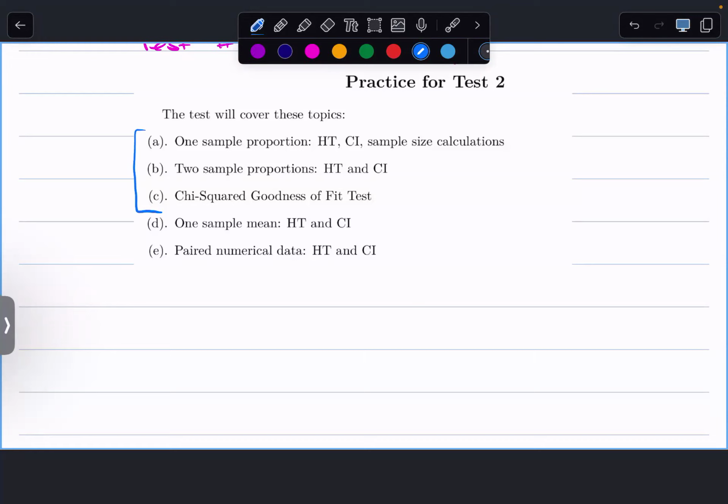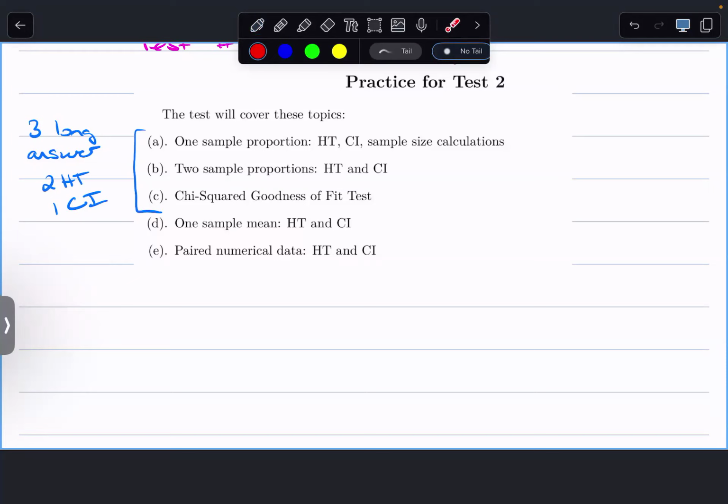There's going to be 3 long answer questions, and I'll take it one step further. 2 of those will be hypothesis testing and 1 will be a confidence interval. Obviously, I give you practice for all of them always, but you'll just have to do one for some unknown types. So 2 hypothesis testing and 1 confidence interval.